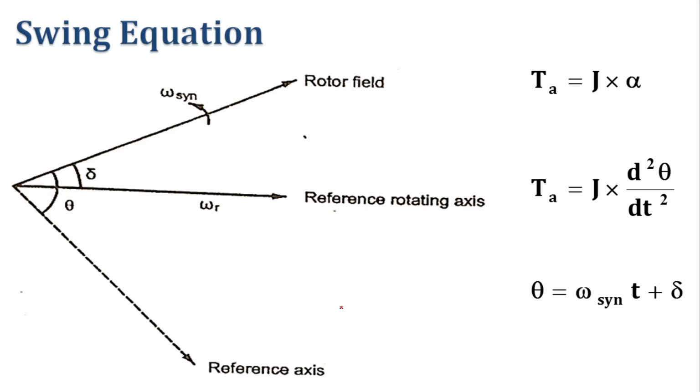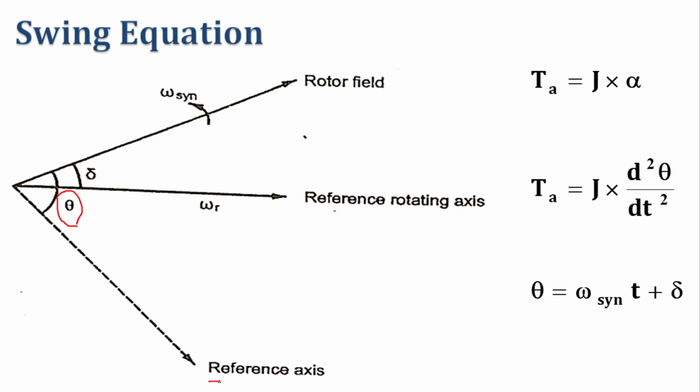Now we know that in the case of a synchronous machine, first of all note that this is the angle theta, which is nothing but the angular position of the rotor.